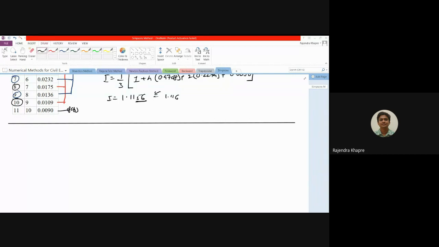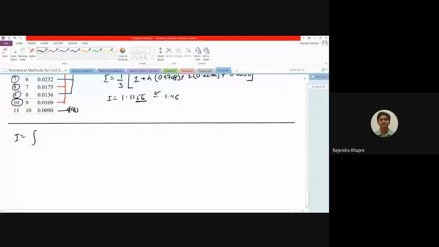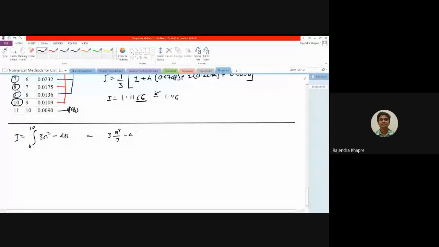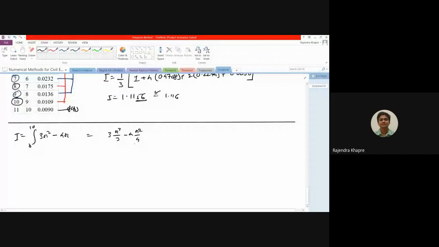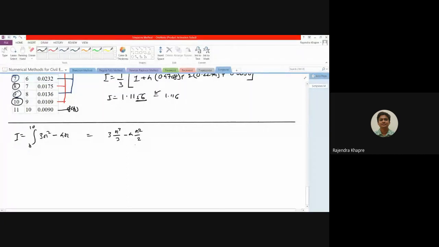So you can use the value of I from 0 to, let us say, 10 of 3x square minus 4x. If you go for the integration, how much will it come? 3 into x to the power 3 divided by 3, minus 4 x square divided by 2.